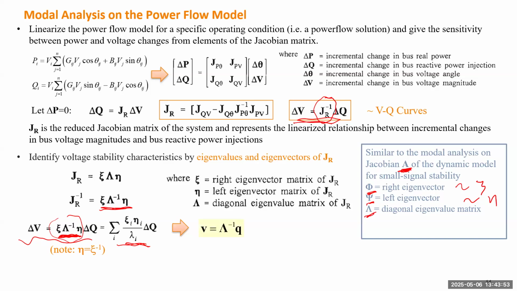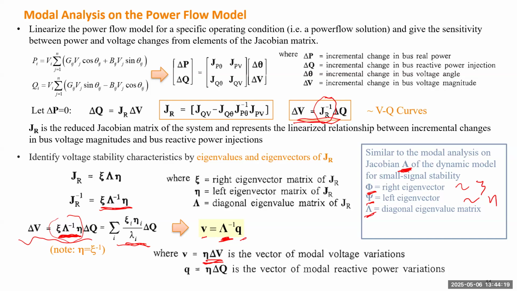All right. So next we keep the inverse of lambda, and from this one we can define a lowercase v and a lowercase q. From that equation, we know the lowercase v will be eta transforming the delta v. We call this one the vector of modal voltage variation.